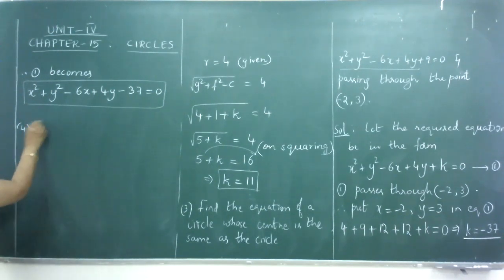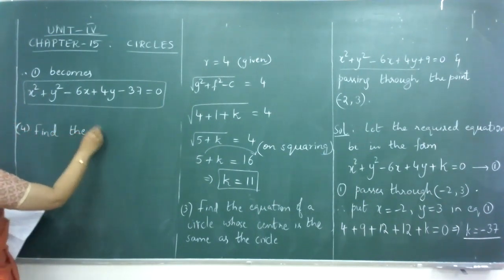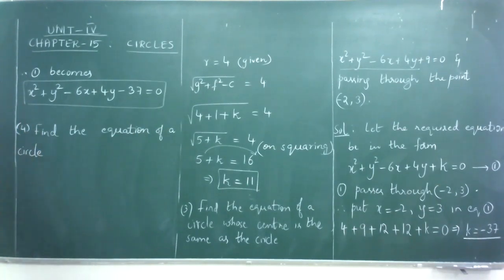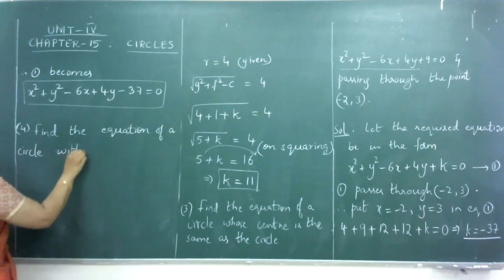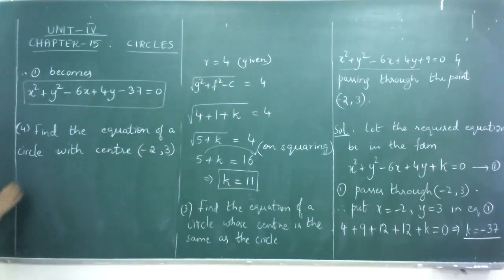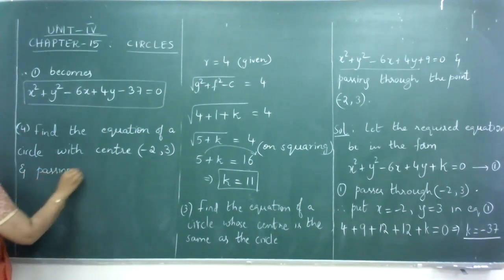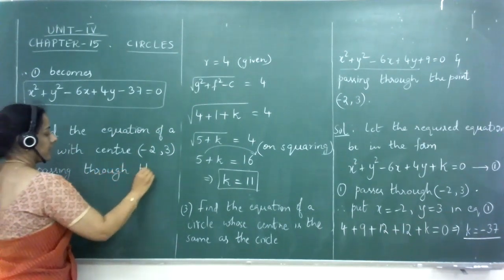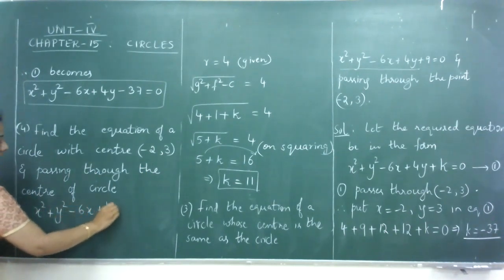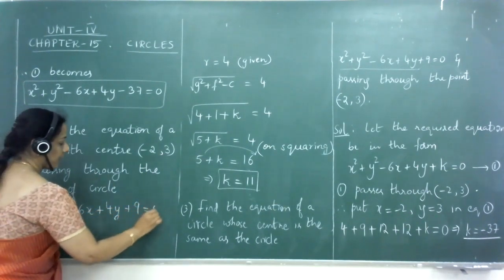The next one. Find the equation of a circle with center minus 2, 3, and passing through the center of another circle whose equation is given: passing through the center of the circle x squared plus y squared minus 6x plus 4y plus 9 is equal to 0.